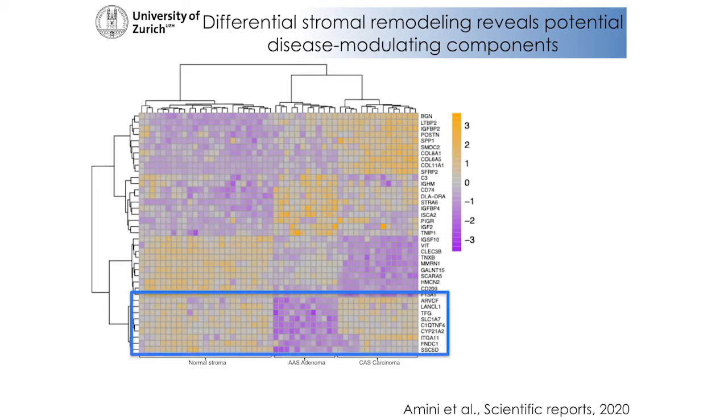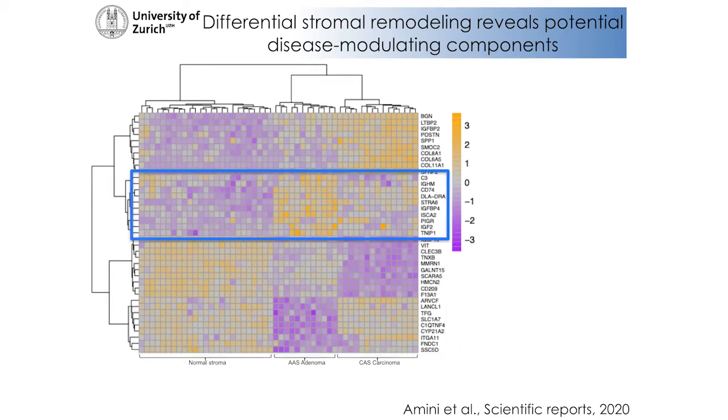These are the genes which are specifically downregulated only in the benign tumors. And finally, these are the genes which are specifically upregulated in the benign tumors and not really changing between normal stroma and malignant tumors. So if you think about it, these are the genes whose expression you'd expect to be beneficial, in the sense that you get more benign tumors if they're highly expressed.